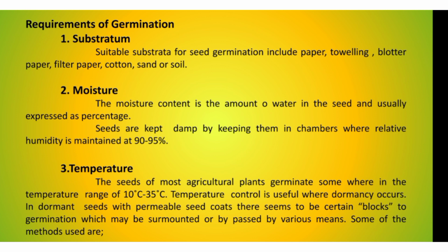The moisture content is the amount of water in the seed and is usually expressed as a percentage. Seeds are kept damp by keeping them in chambers where relative humidity is maintained at 90 to 95%.